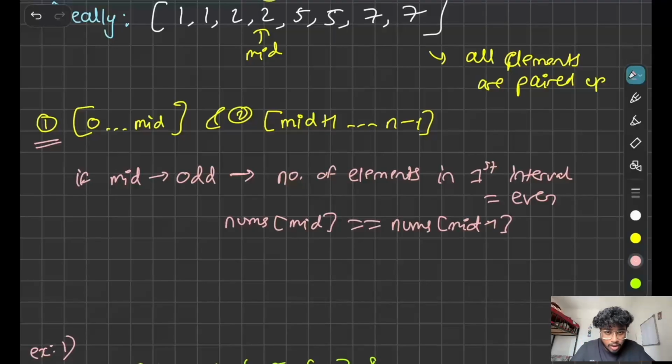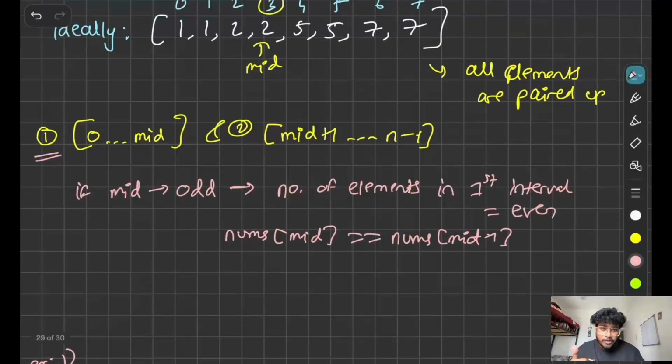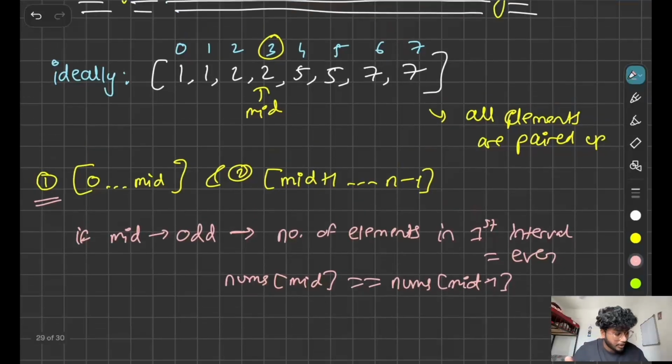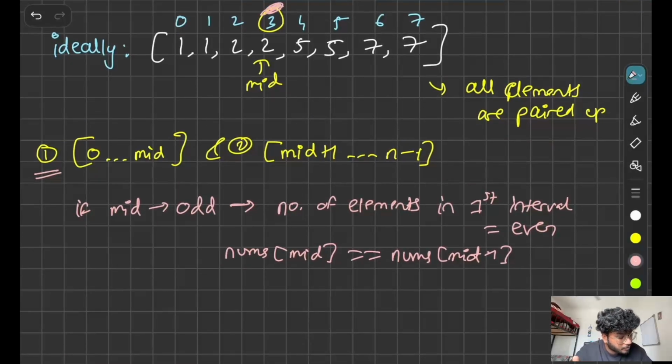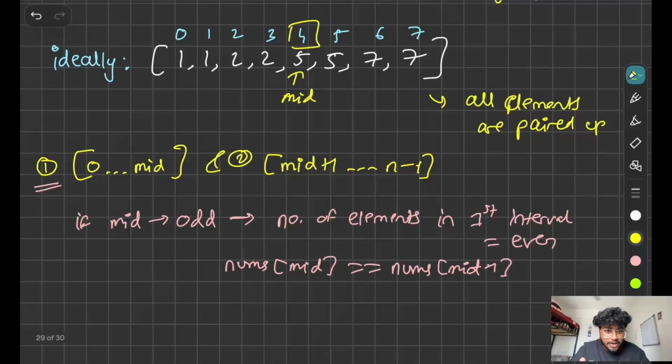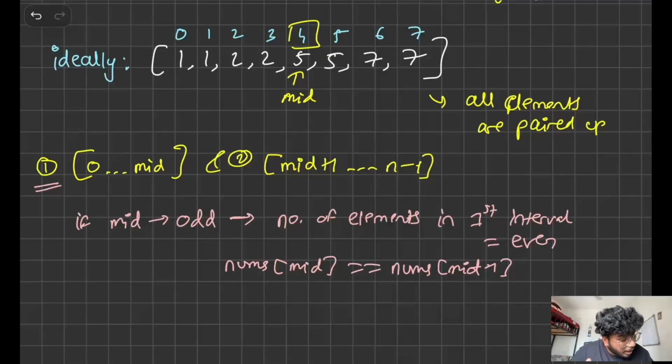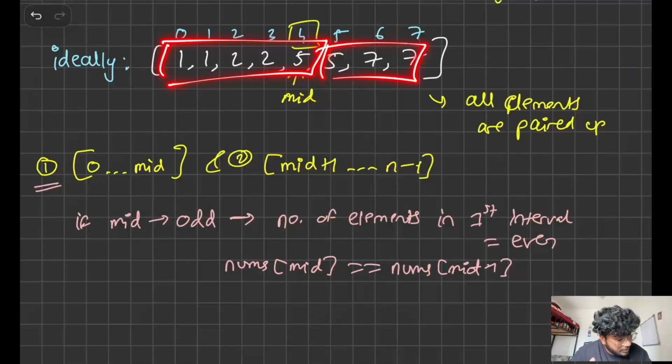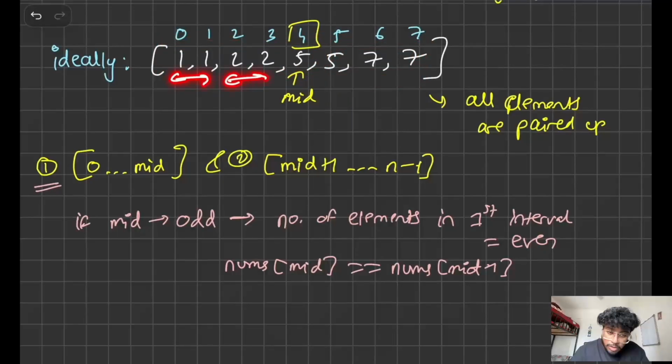Okay, what if now you ask me mid was even? Let's consider if my mid was this. Now mid is even, you can see mid has an even index, and our partition is this and this. As you can see now, 1 and 1 are paired up, 2 and 2 are paired up, but this 5 is not paired up till here.